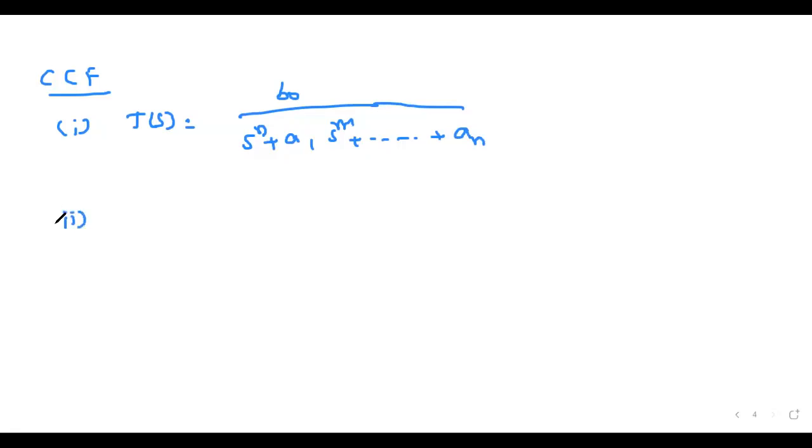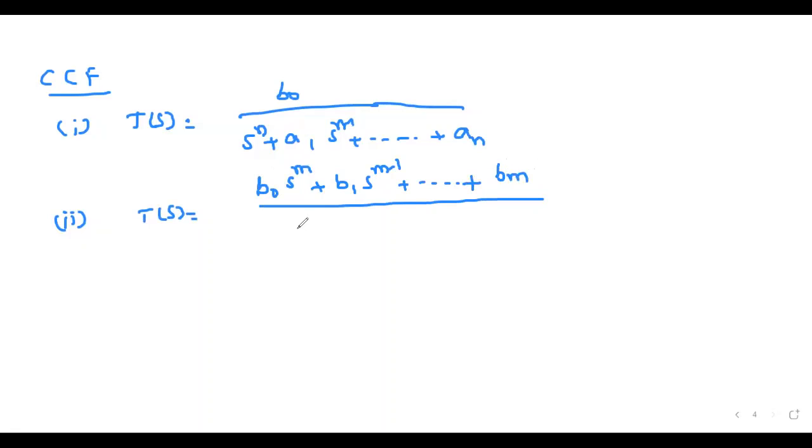Now in the second case, why shouldn't this transfer function have a numerator polynomial and a denominator polynomial? It may be. Definitely, there is no guarantee that the numerator is always a constant. There may be a chance of s power m plus b1 s power m minus 1 plus and so on plus bn, and the denominator plus and so on plus an.